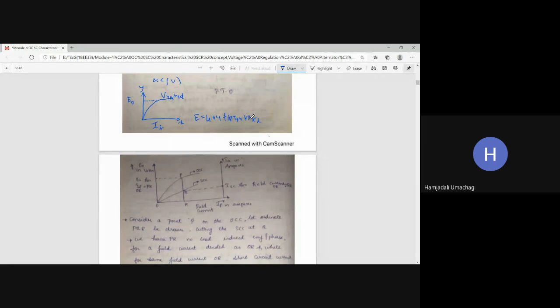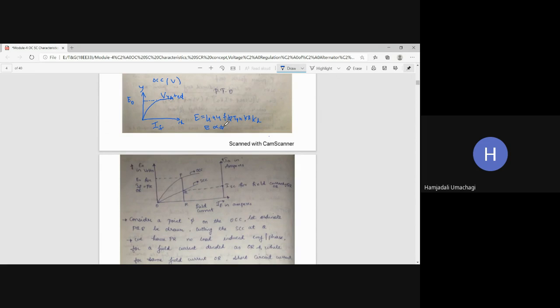What is the only variable parameter here? E is directly proportional to what? Right, yes, flux. And this flux, how are you getting it?